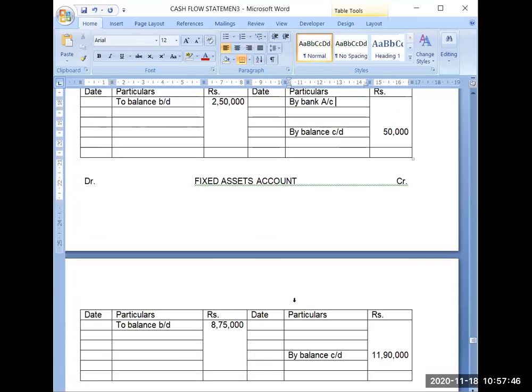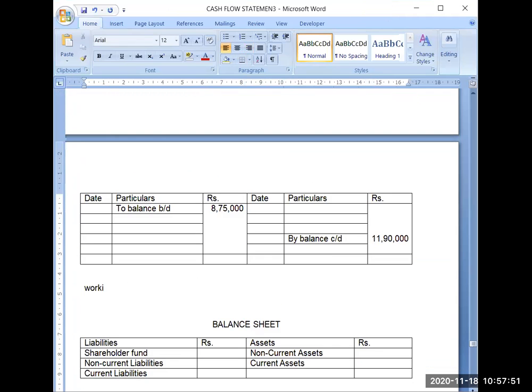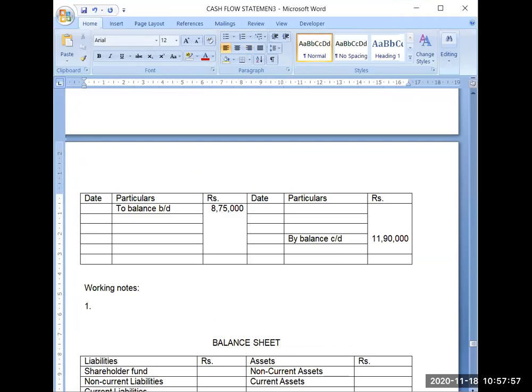Now we have to show the calculation of selling amount. For that, we should prepare working notes. First point, sale amount of investments.